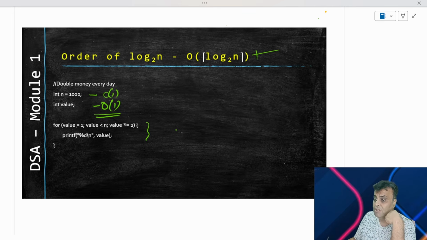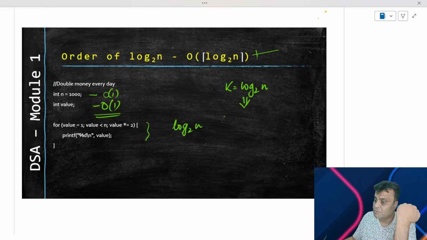So for this particular for loop, we have proven that it will execute log base 2 of n number of times, right? We have proven that k is equal to log base 2 of n, and k is the count of times it runs.